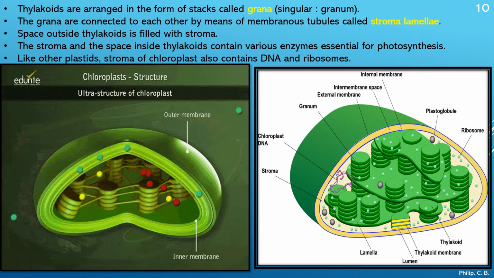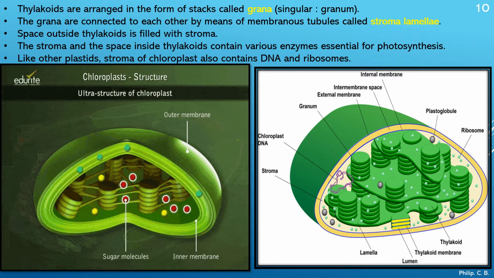That is, these grana are interconnected with each other, and this can be called intergranal lamellae or stromal lamellae. The space outside the thylakoids is filled with stroma, or we can say the cytoplasm present in the chloroplast. The stroma and the space inside the thylakoids contain various enzymes essential for photosynthesis.